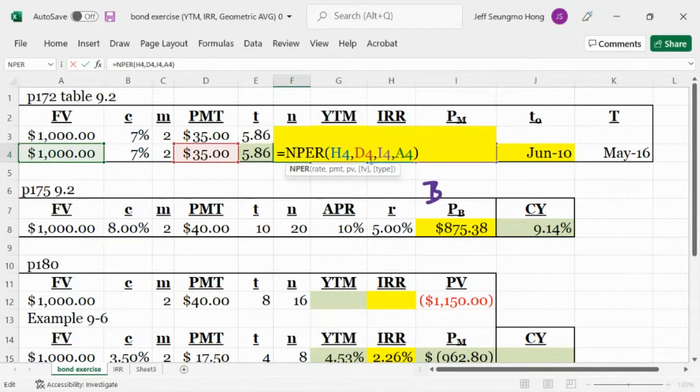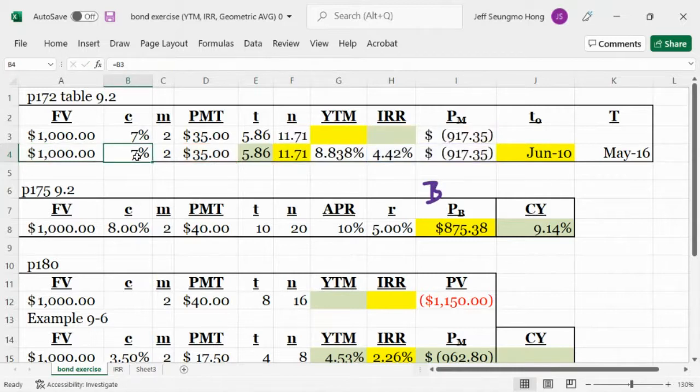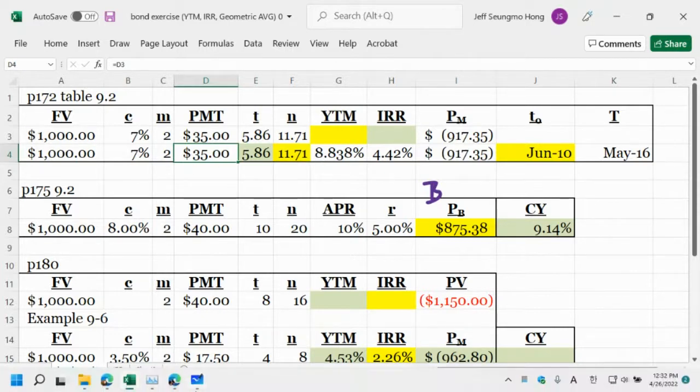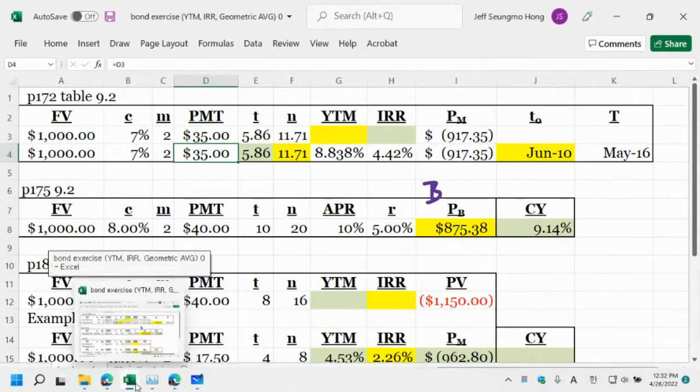So basically, solving for n, make sure you have 7% here. Originally there was nothing there, and it was $40 a year, right? So if you change this to $35, you will get exactly the same thing. Yeah, I just fixed it. I see what I did wrong. It was the formula. Thank you.